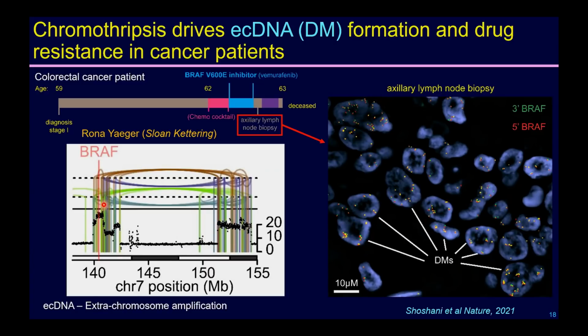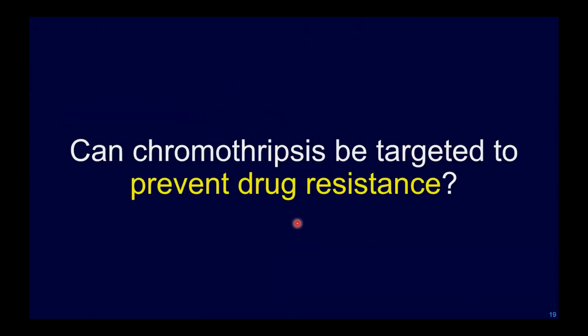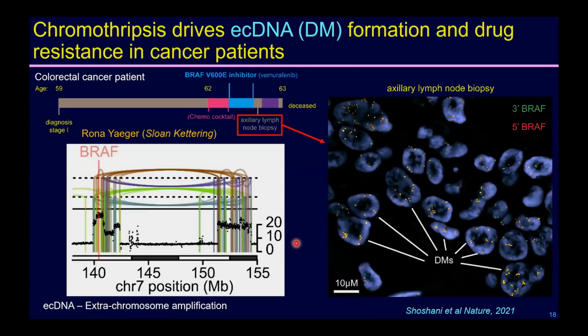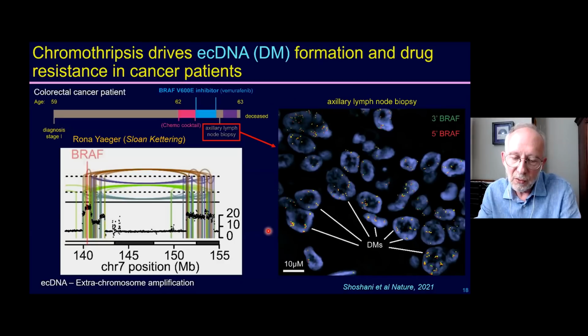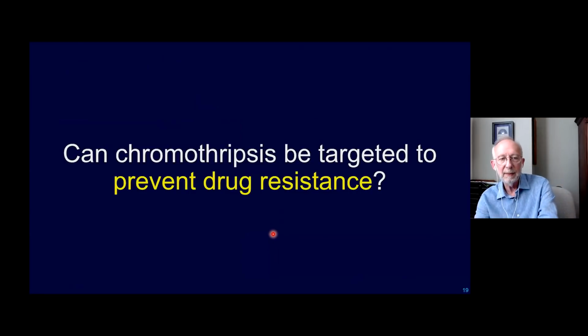But with whole genome sequence, again with Peter Campbell, what we identified is, yes, there's a complex ecDNA formed with multiple pieces containing, in every example, the BRAF gene, so that the resistance to the inhibitor is by just amplifying the original target gene. So indeed, we will argue that this is the mechanism of genome amplification in cancer using chromothripsis, ecDNA formation to drive, in this case, resistance to a very targeted anti-tumor drug.